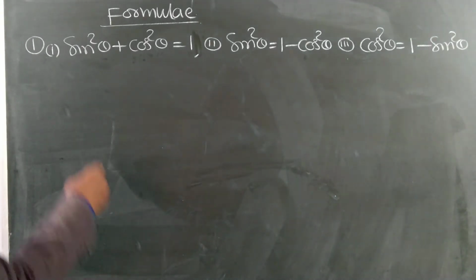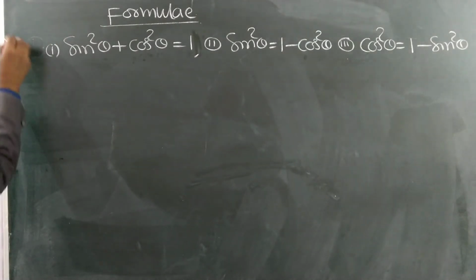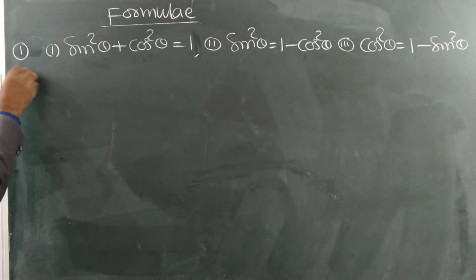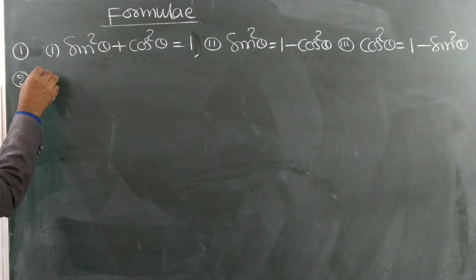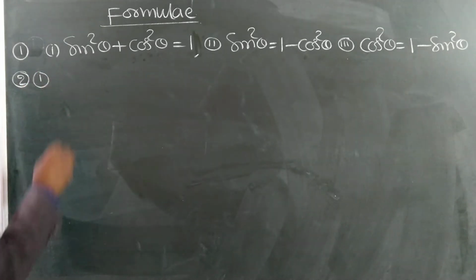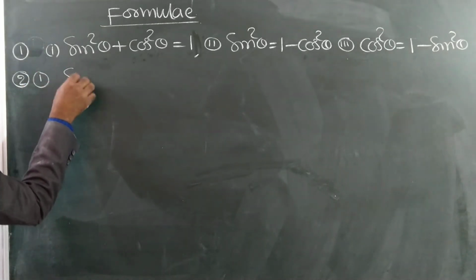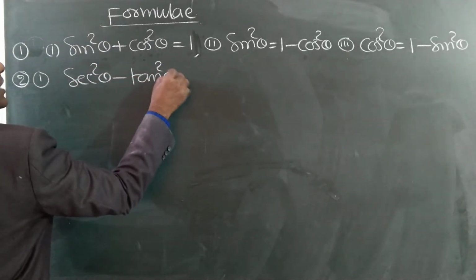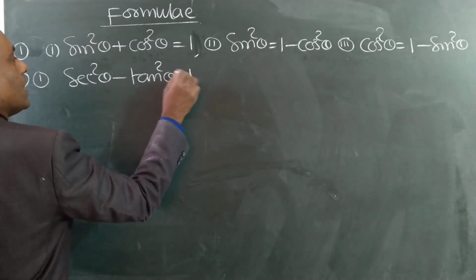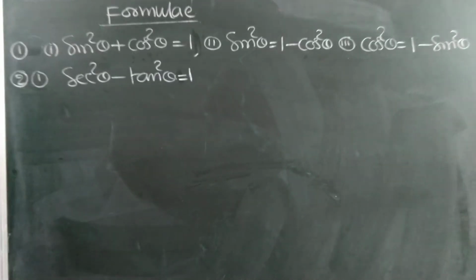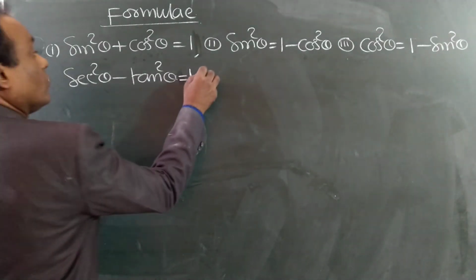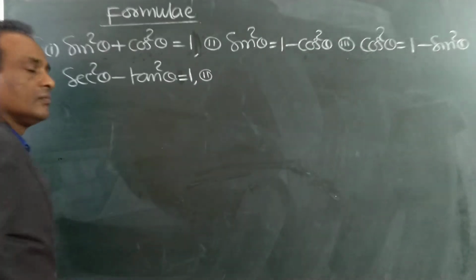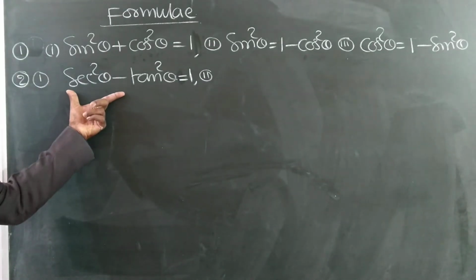See here, don't write. Second identity I derived is secant square theta minus tan square theta is equal to 1. Same I can write in two more ways.